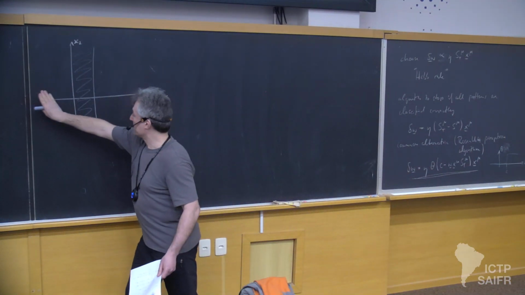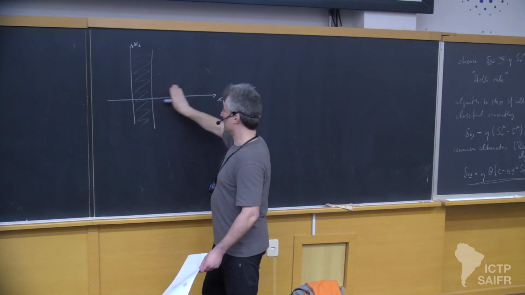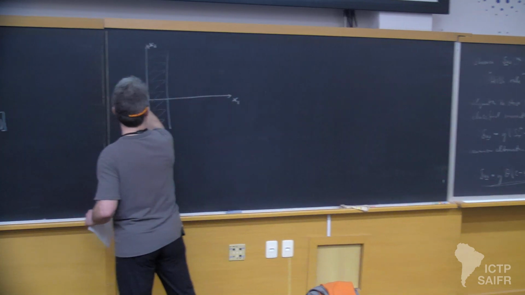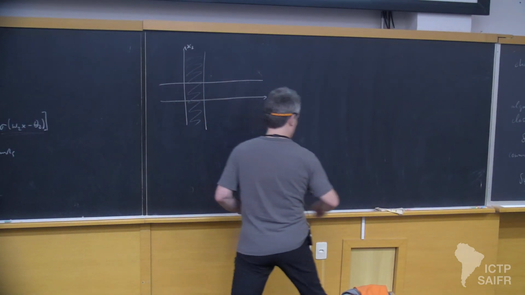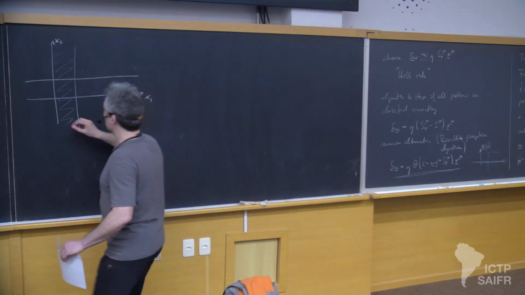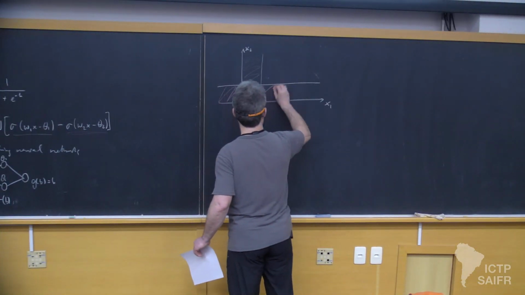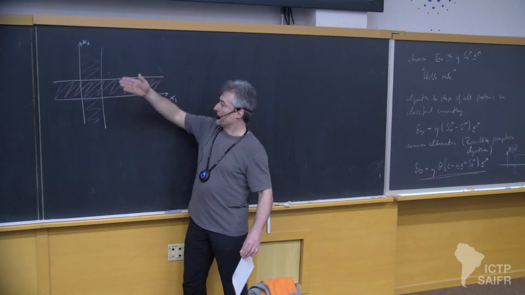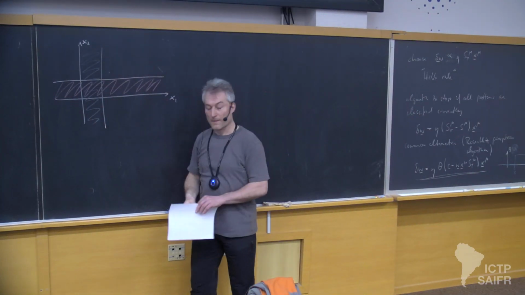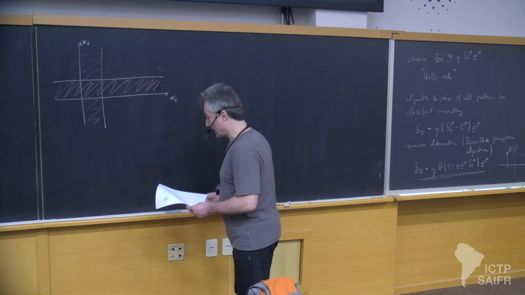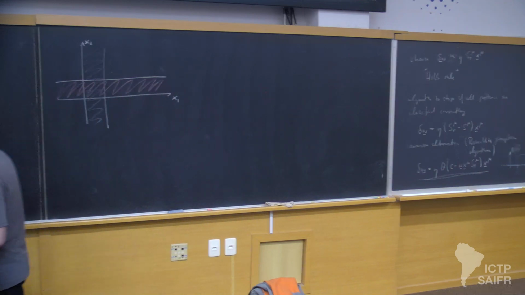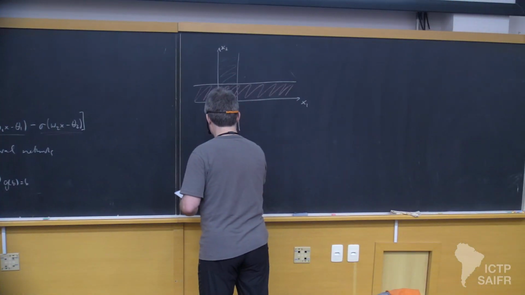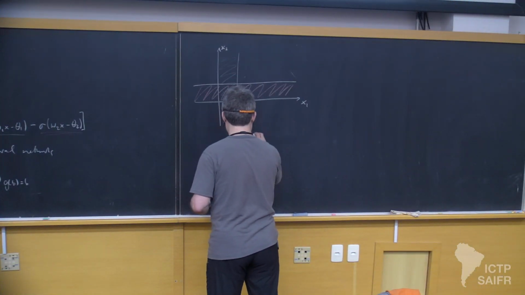So the function goes like that. And then for the second direction, I do the same thing in a different way here. So I have another basis function which goes like that, out of the plane. And then I really construct it from these elements. So for 1 dimension, I do this.